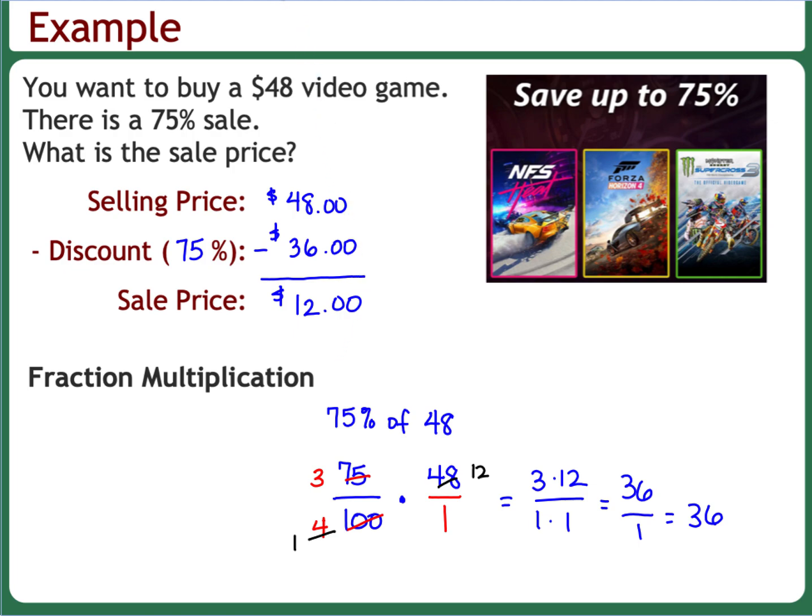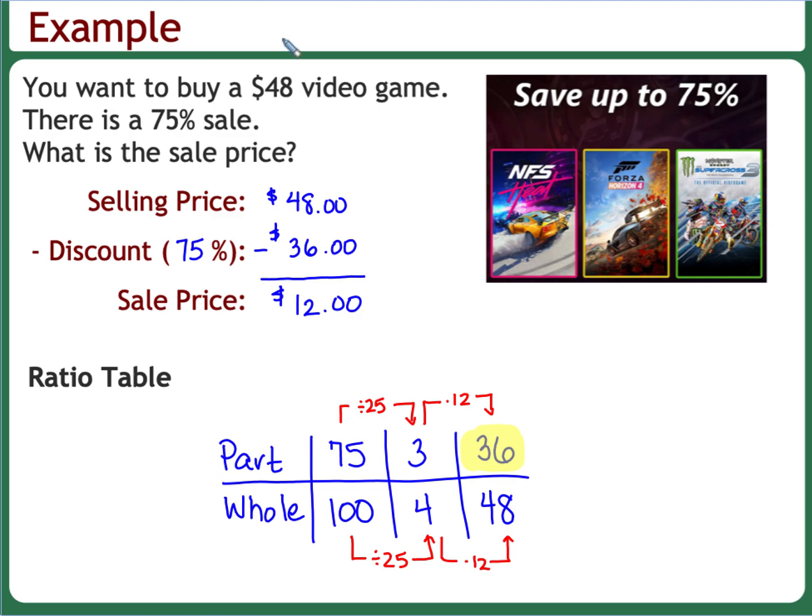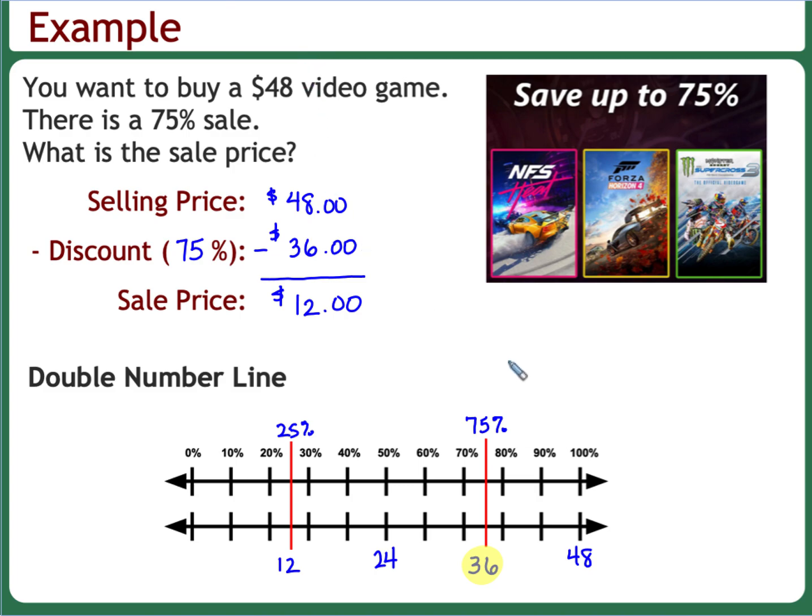Here's what it looks like for a ratio table. Again, taking that 75 over 100, simplifying to 3 to 4, scaling up with a discount of 36. And here's a double number line. So here, if we find that 50% is 24, we could find 10%, but that doesn't really help us that much.